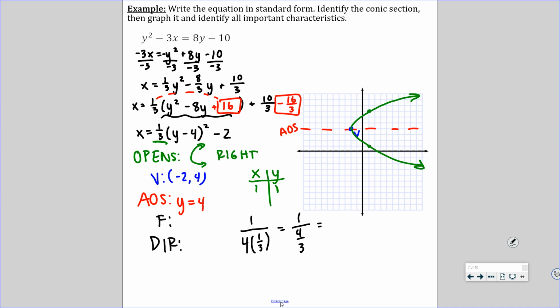You're just dividing by a fraction, which means multiplying by the reciprocal. So 3/4 inside my parabola is my focus, and 3/4 on the outside is my directrix. Your directrix should always be perpendicular to your axis of symmetry, so this one's vertical.